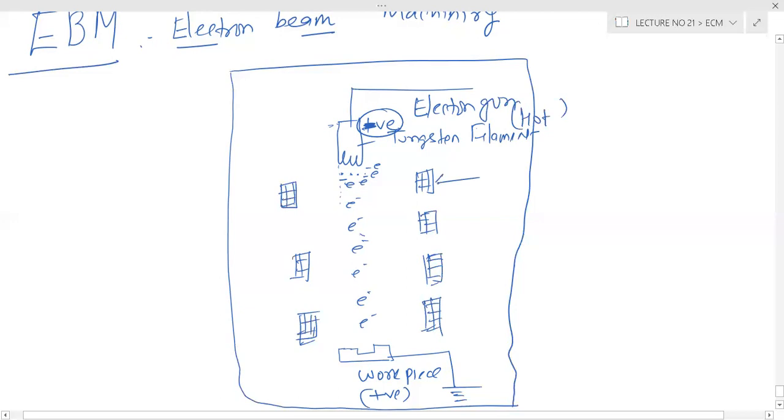And these are all your electromagnetic lens, focusing lens we call it actually.